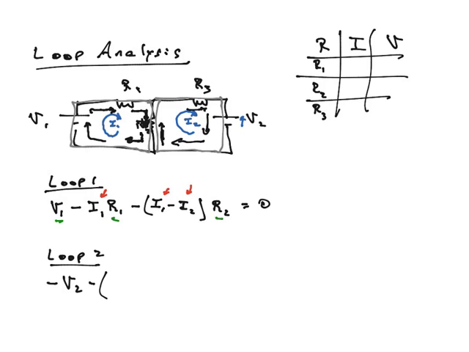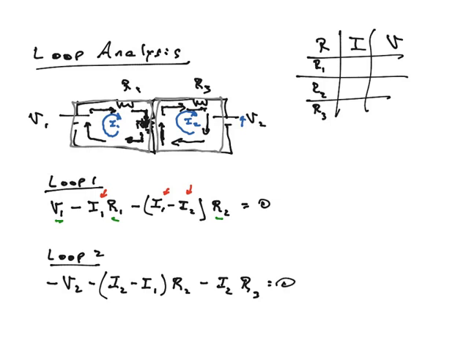Well, I2 is going up, I1 is going down, but I2 now is the positive direction, so it's I2 minus I1, hitting R2. Then I continue, go up to the top, and now I'm hitting R3, so minus the amount of current that hits R3, which is I2, times R3.